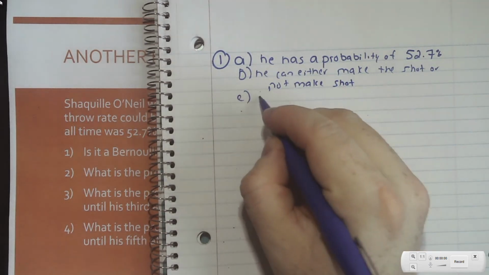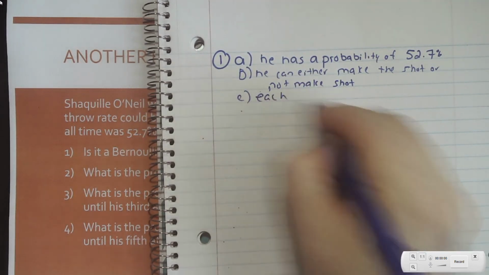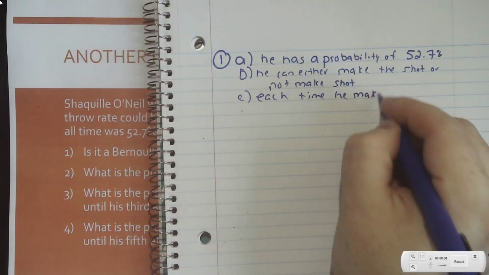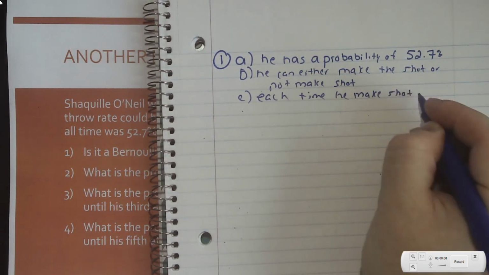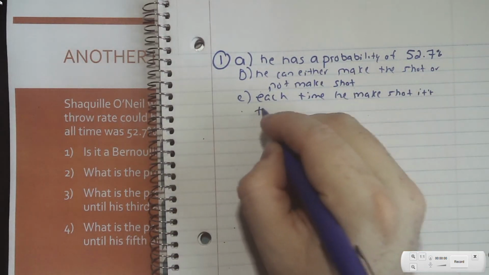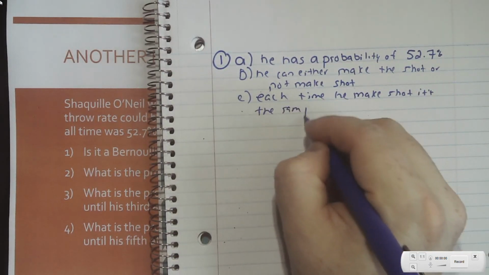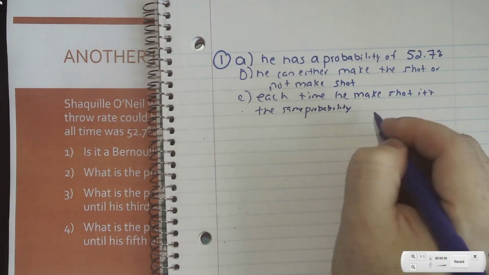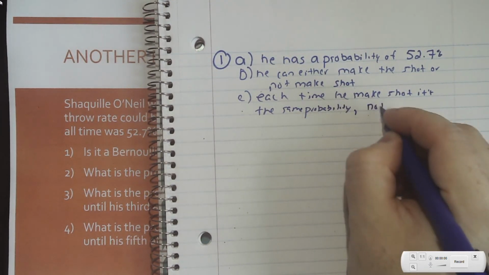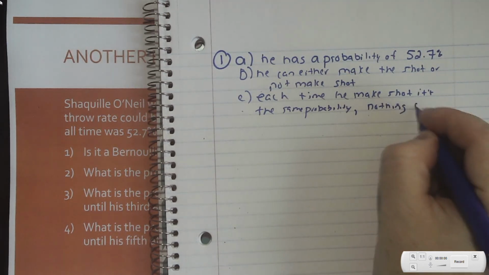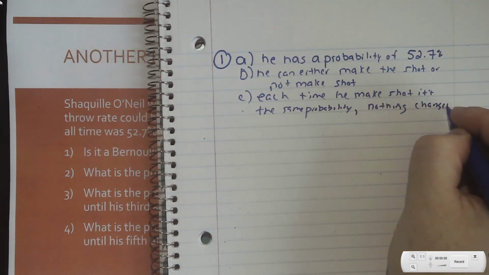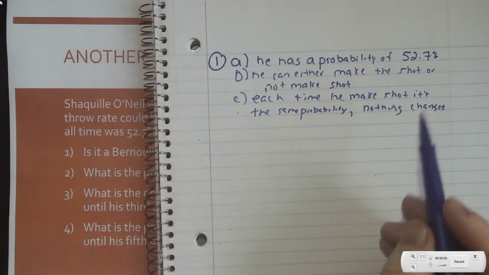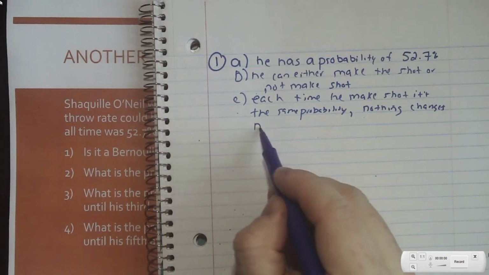And each time he shoots, it's the same probability, so nothing changes. From one shot to the next, they're all independent. Nothing influences the next shot.